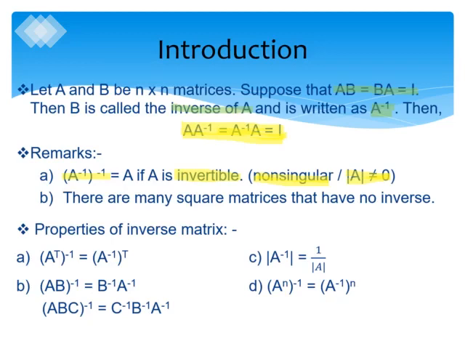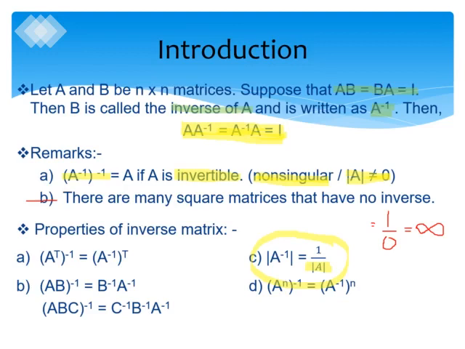As you can see here, for A inverse, you will use the determinant of A. If the determinant of A equals 0, then 1 over 0 equals infinity, meaning you don't have A inverse. For B, there are many square matrices that have no inverse.